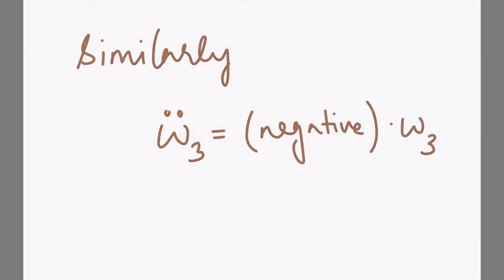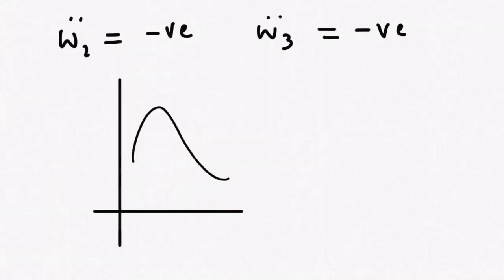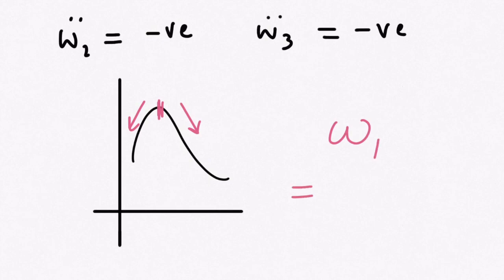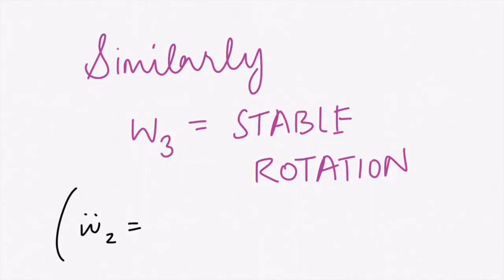From the properties of the second derivative, we see that if f double dash of x is less than 0, then f has a local maximum at x. This means that omega 2 and omega 3 are at a local maximum currently and will only tend to decrease. So rotation about axes 2 and 3 does not happen and omega 1 dominates the rotation. Similarly, we can show that rotation about axis 3 is also stable.